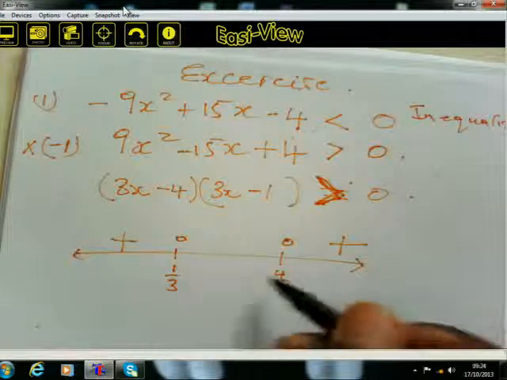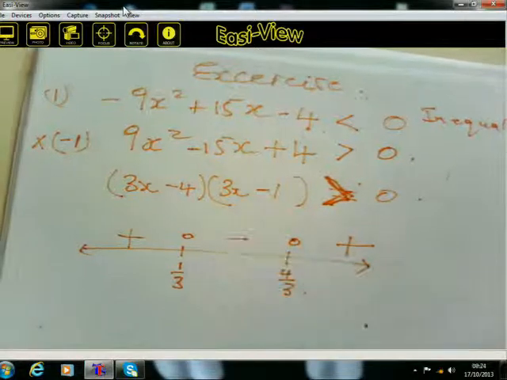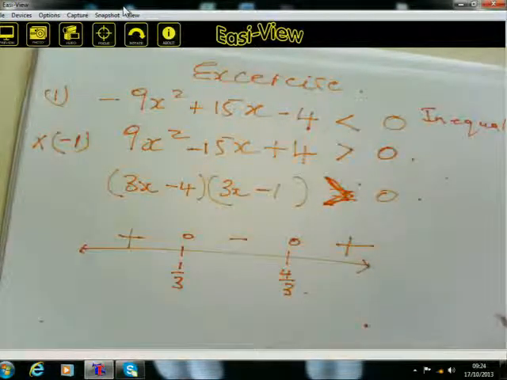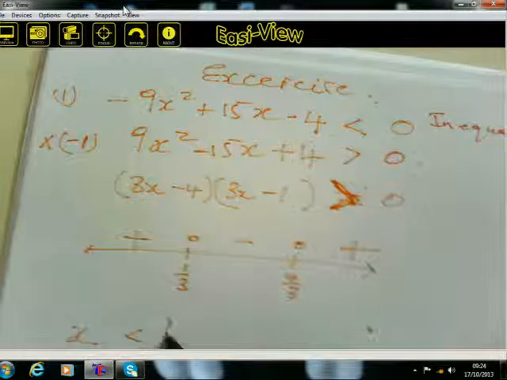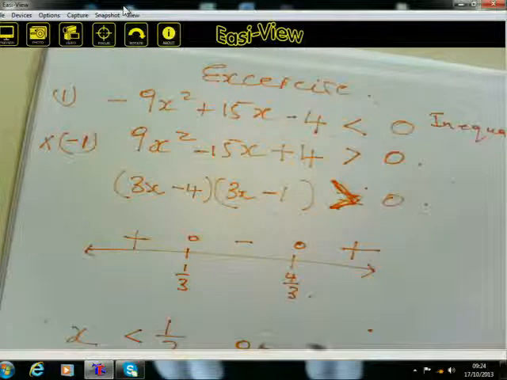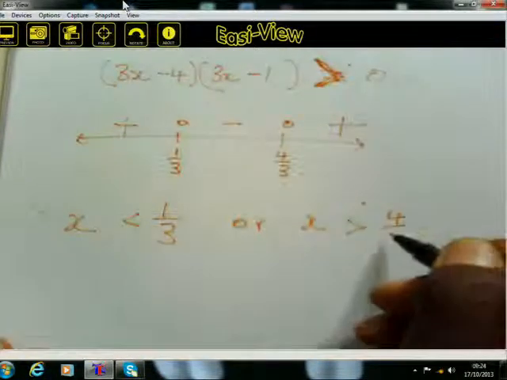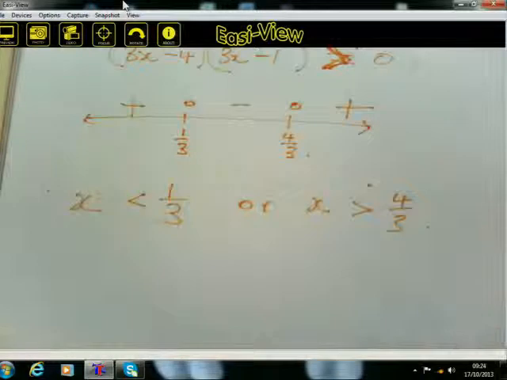And if I substitute by any value between these, I'm going to get a negative number, right? So what does this mean? This means that x is less than 1 over 3, or x is greater than 4 over 3. Right.